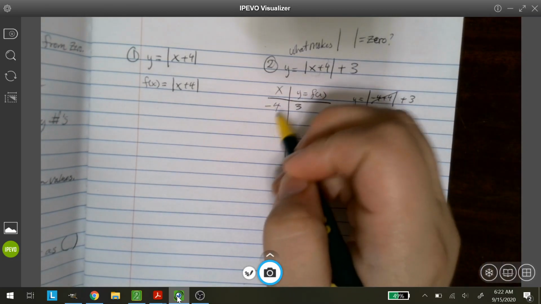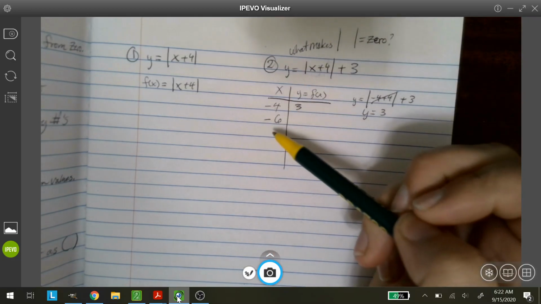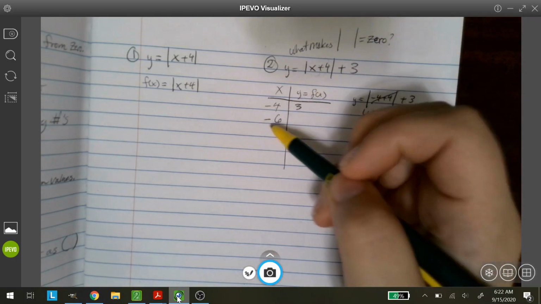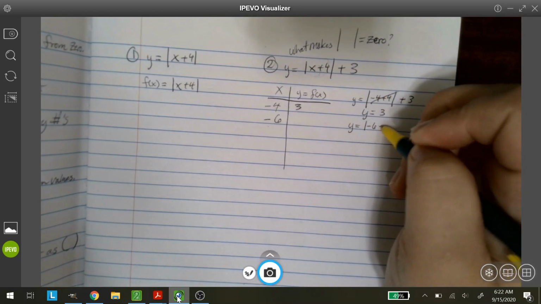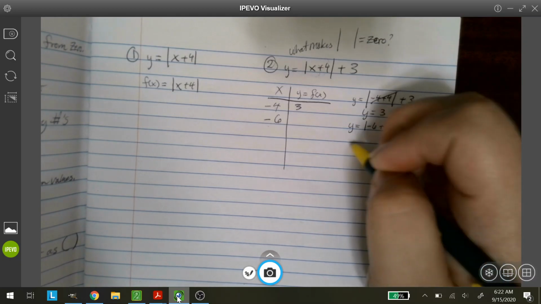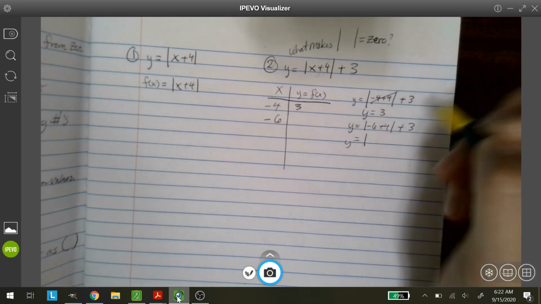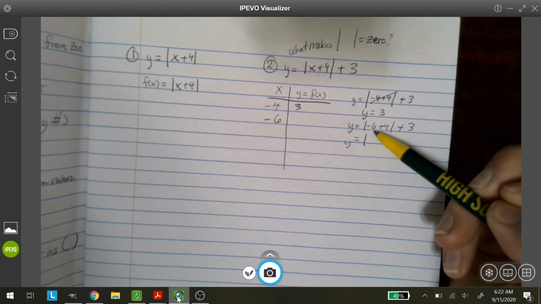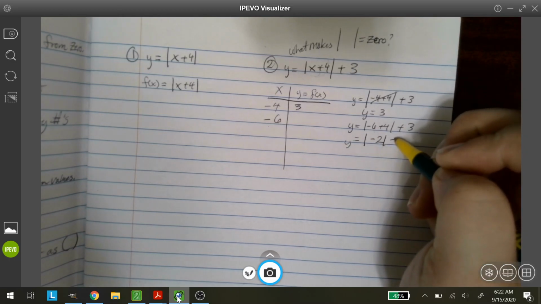So I'm going to start with -6. So if I put -6 in, I've got y equals absolute value of -6 plus 4 plus 3. Y equals absolute value, -6 and 4. If I owe somebody $6 and I pay them back 4, I still owe them 2.